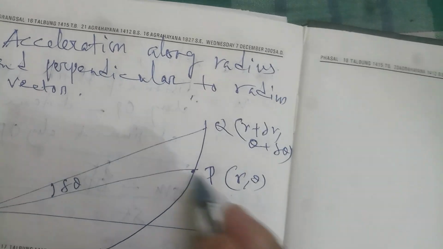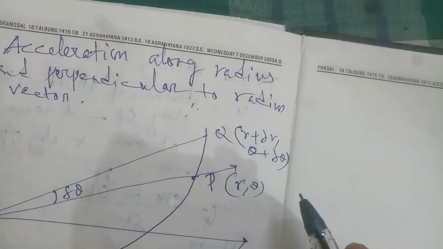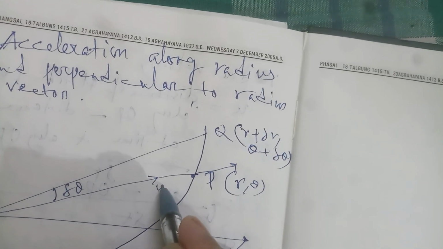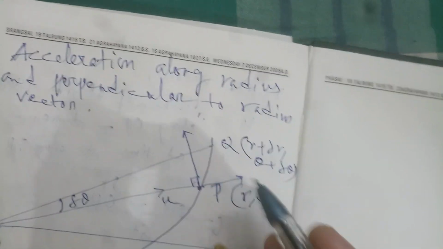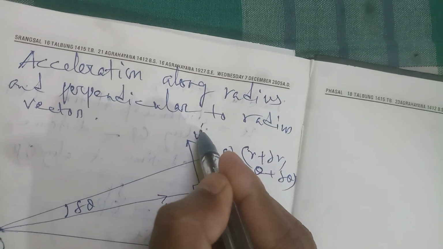Already we have seen that the velocity along OP, the radial velocity, was u, and that perpendicular to the radius vector, the cross radial velocity, was v.